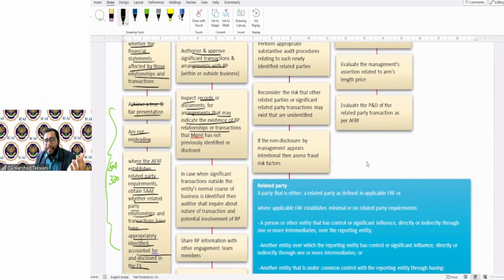You can only identify it if any resolution, any minutes, or somewhere it is documented. So while inspecting the records, documents, and arrangements, you need to take care whether any related party relationship or transaction is there which management has not disclosed or not previously identified.